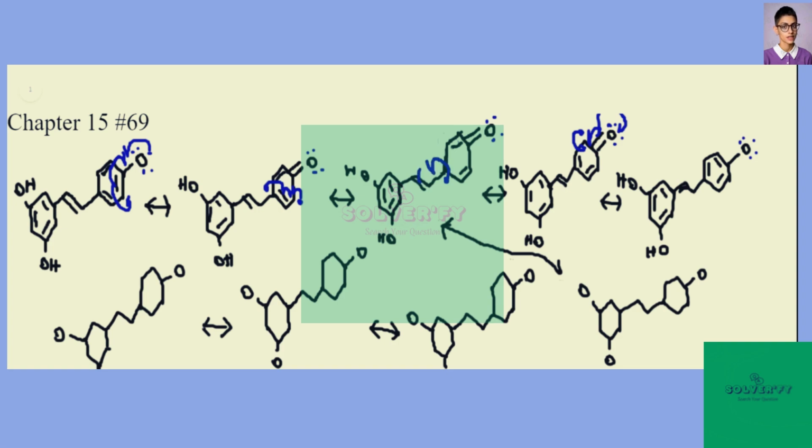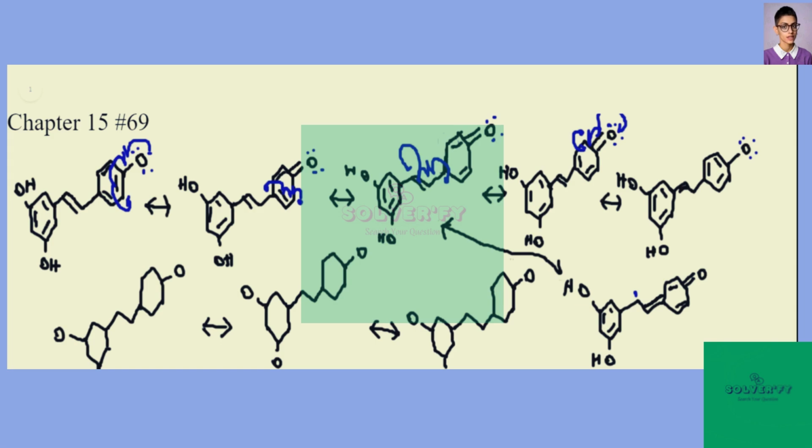It could form a new bond here with one of these electrons, and the other electron could go to that carbon. If that's the case, we're going to have our unpaired electron be there. And so we'll have this. And now we have a double bond right here.